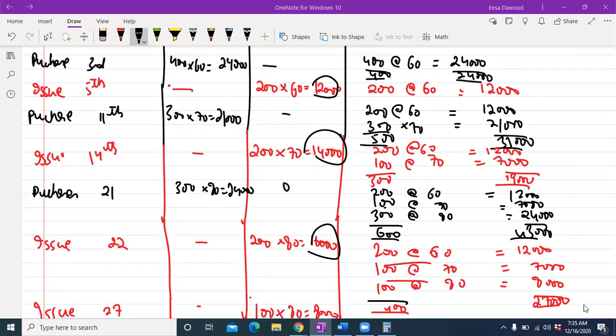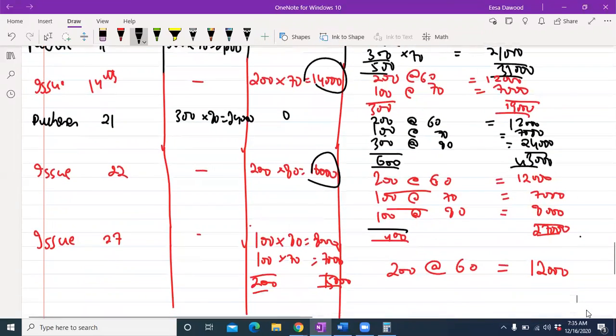Yeah, we'll do that in the practice question. You just see what is left. If you are required to calculate the closing inventory, just write what you have left there, whether after issuing the latest and the earliest price. I'm just going to show you that in the practice sessions.